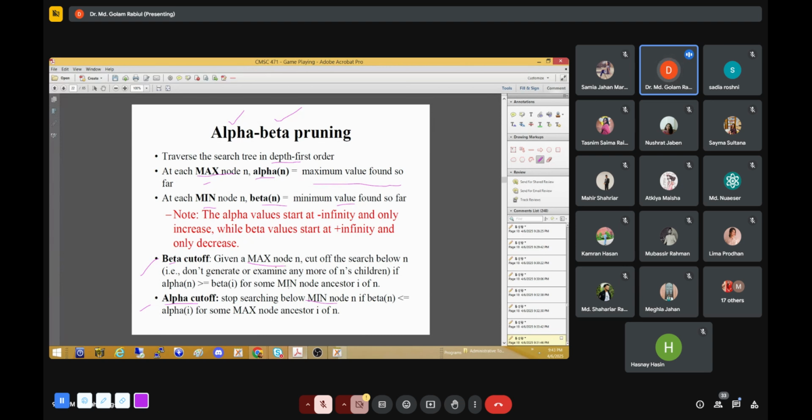For the alpha cutoff, if beta of n is greater than or equal to alpha of i, then we cut off the branch. And we can perform the beta cutoff if alpha of n is greater than beta of i. In that case, we will perform the beta cutoff. We will see this with the example also.